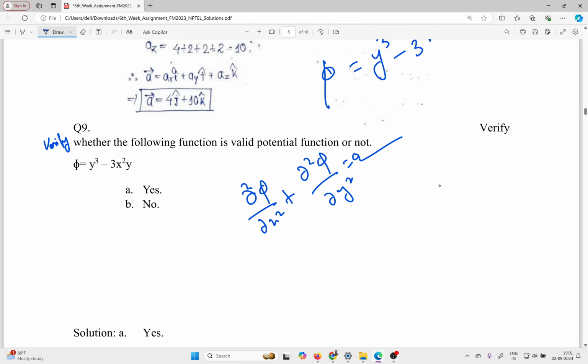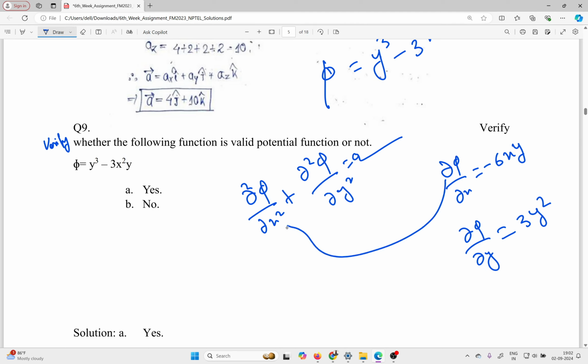Here del phi by del x is equal to minus 6xy, and del phi by del y is equal to 3y square minus 3x square. Again, taking the double differentiation gives minus 6y and 6y.